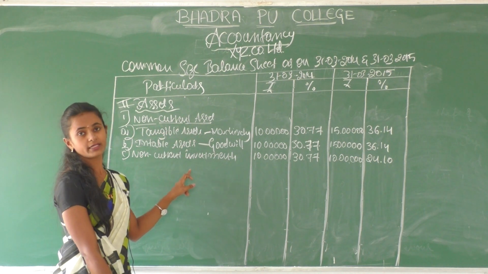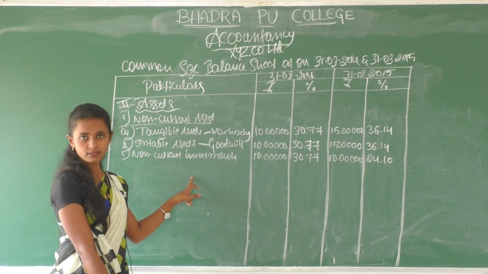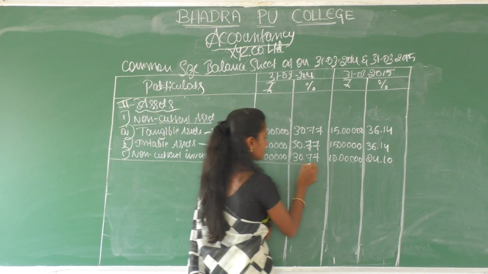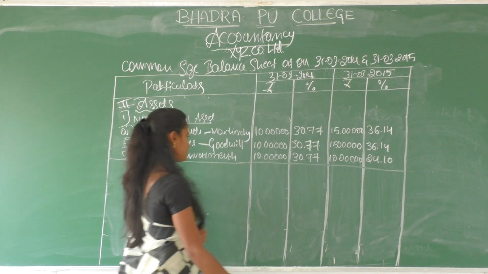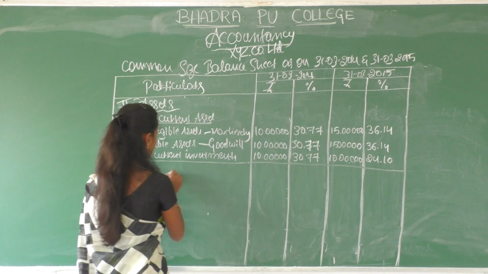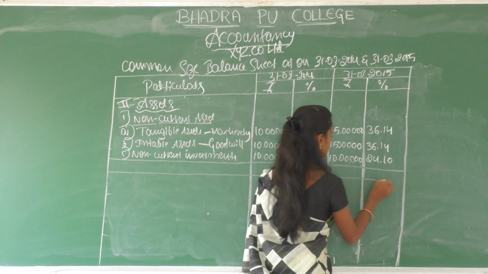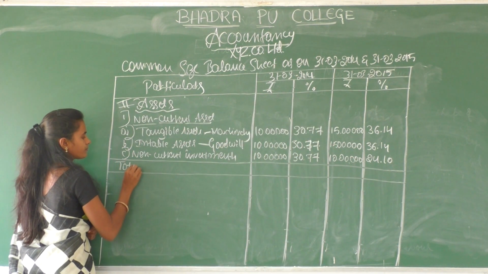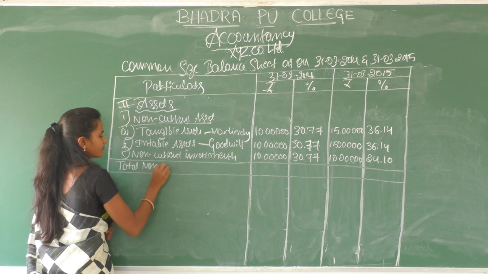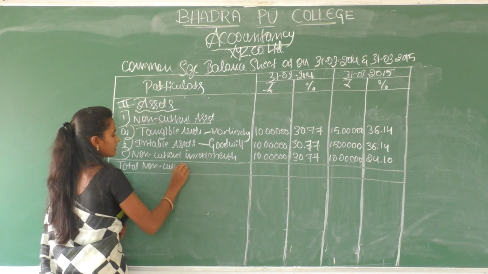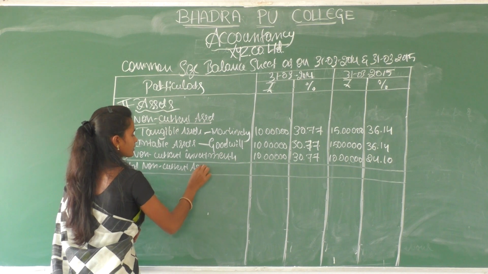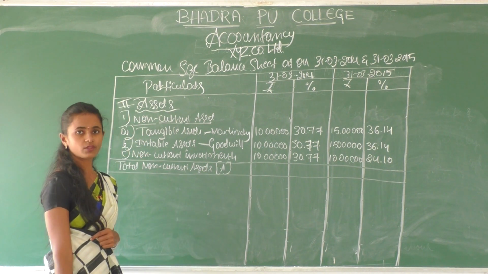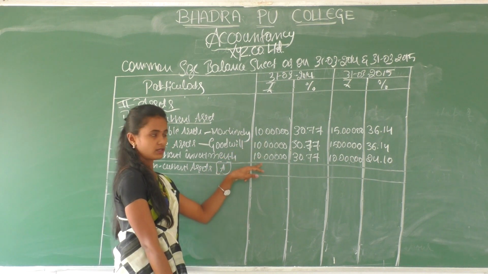So now we will get our total non-current assets, and it is considered as A. Just add all these 3 items.